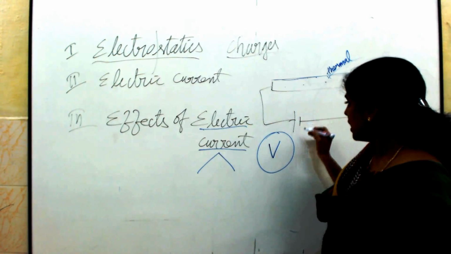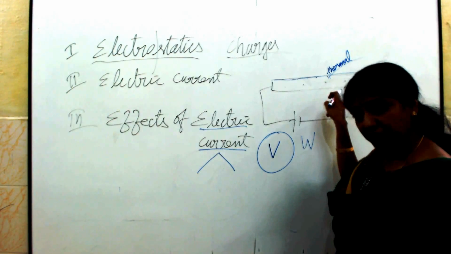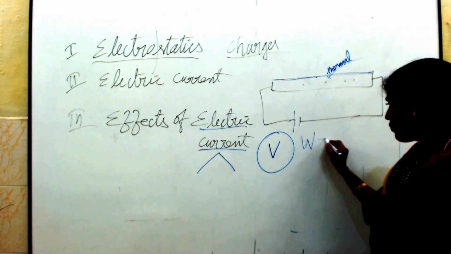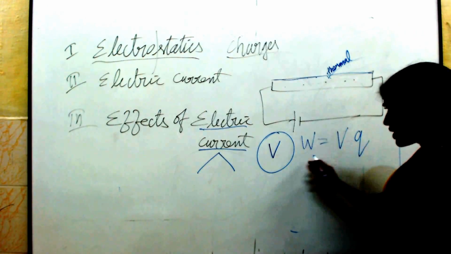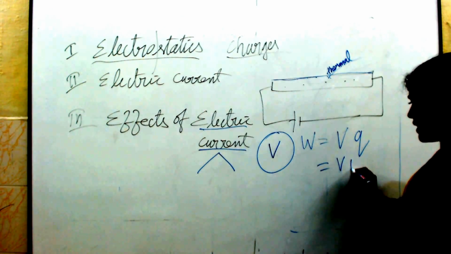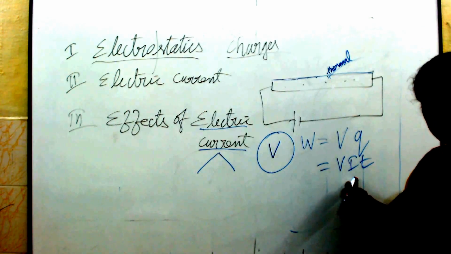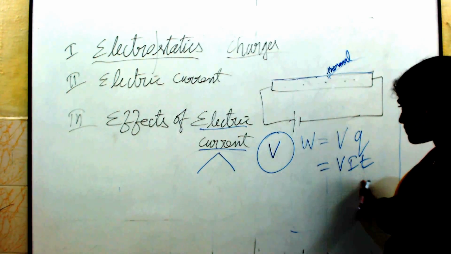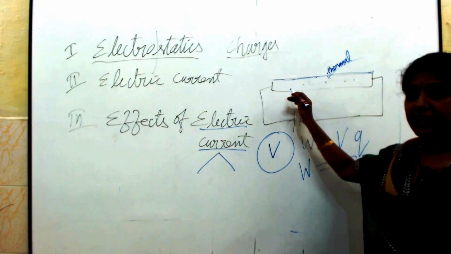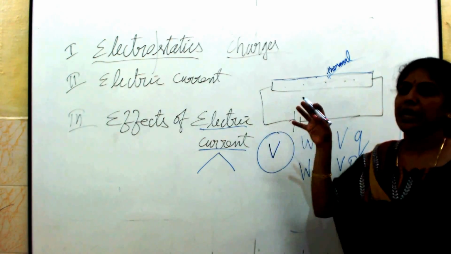Whenever some work is done in moving the electrons by supplying a potential V, that work done we can take as work done equal to V into Q. Then what is Q here? It is I t. Let I be the current flowing in the conductor for a time t. So this work done will be stored in the conductor in the form of thermal energy.